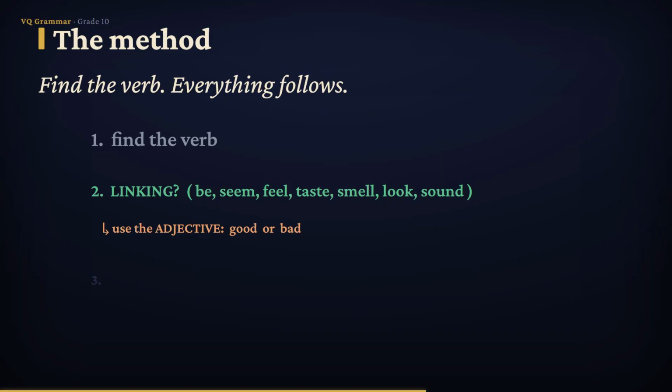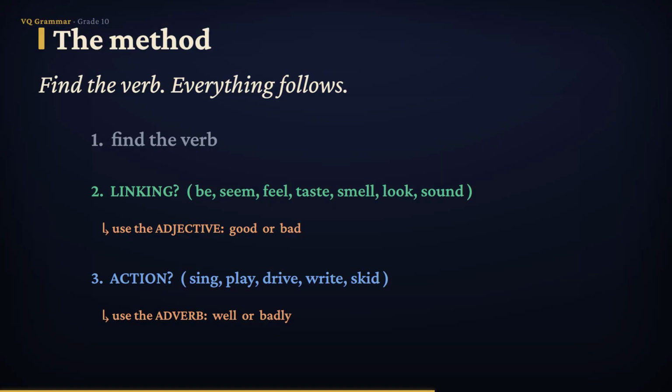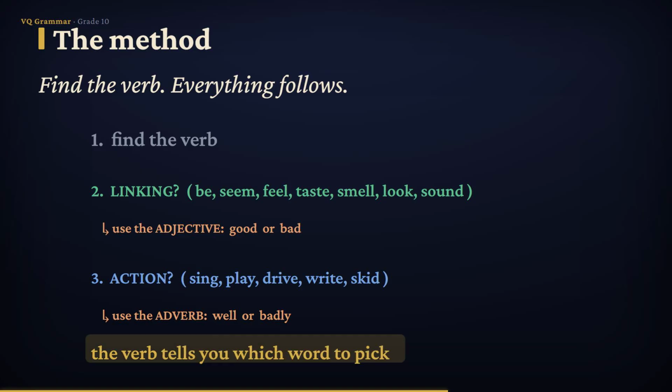Step 3, if instead it is an action verb, sing, play, drive, write, skid, then the word you want is an adverb, which means well or badly. And do not forget the one exception. Well is an adjective when it means healthy. That is it. The verb tells you which word to pick, every single time.